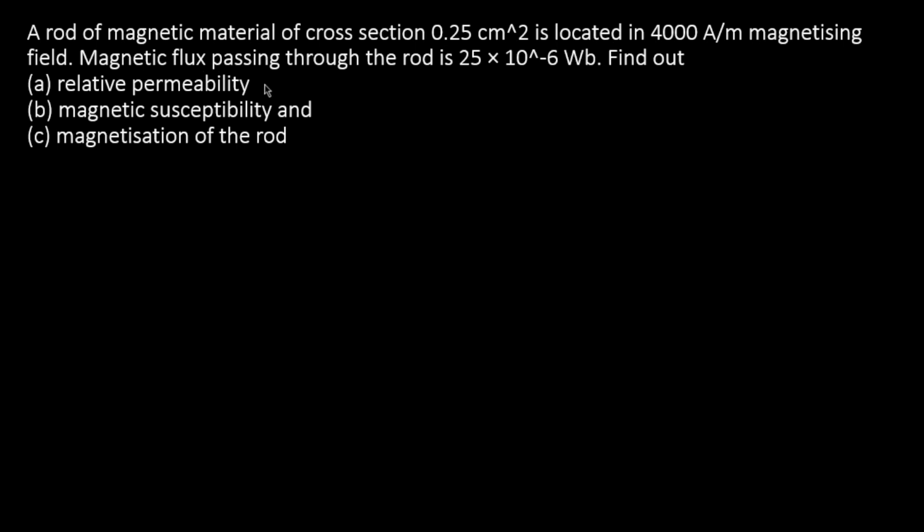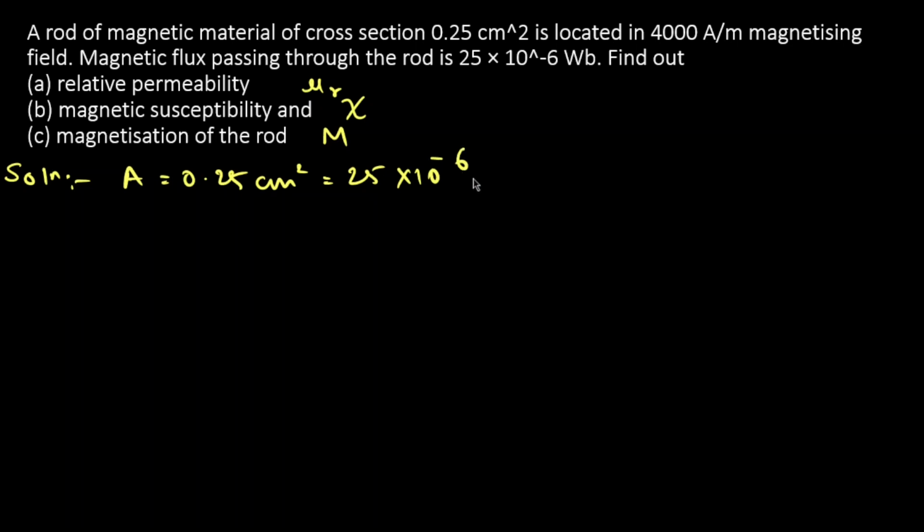We need to find out relative permeability mu r, magnetic susceptibility chi, and magnetization M. So first of all, solution, area is given to us as 0.25 centimeter square, which is 25 into 10 raised to minus 6 meter square, and magnetizing field H is given to us as 4000 ampere per meter with the magnetic flux as 25 into 10 raised to minus 6 Weber.